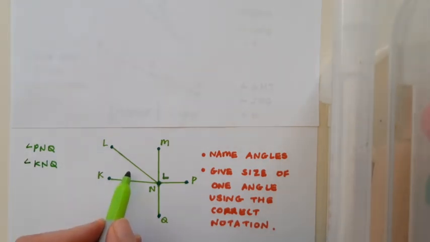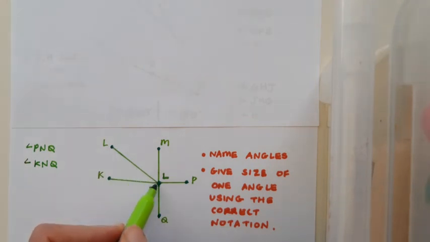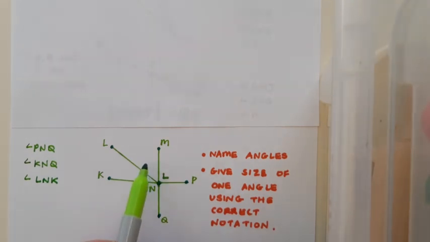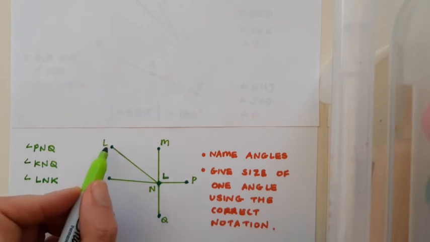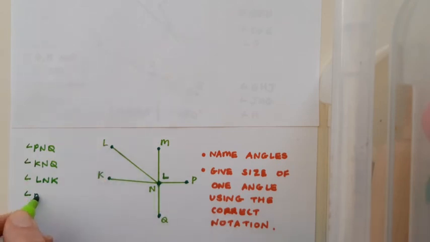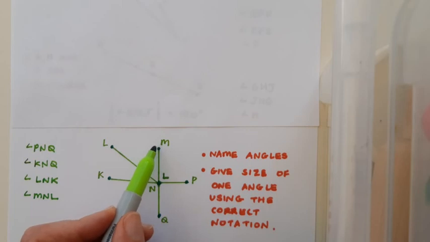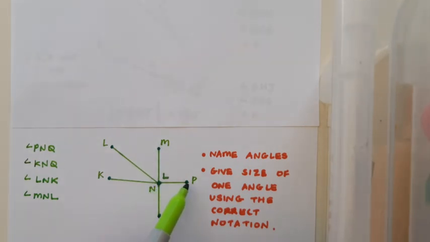This angle could be named the angle LNK or KNL. This angle could be named as the angle MNL or the angle LNM. And finally, this angle can be named the angle MNP or the angle PNM. Either is correct.